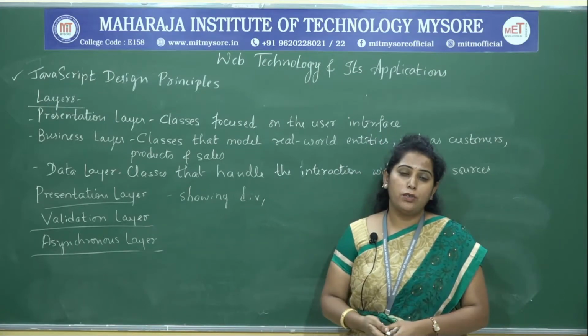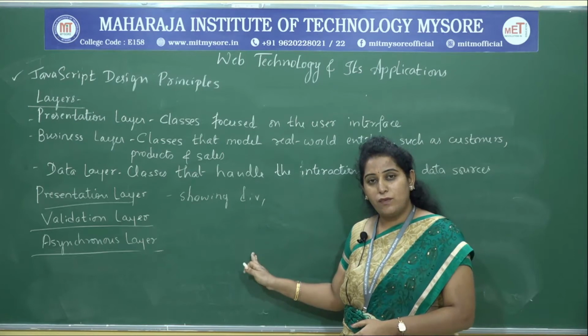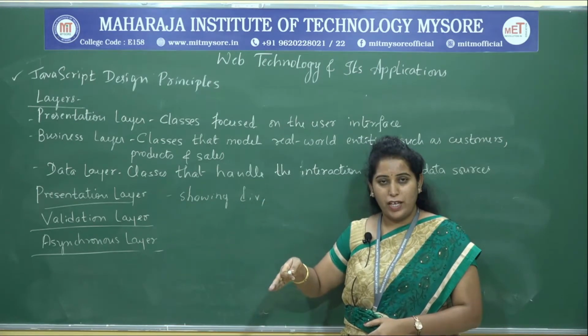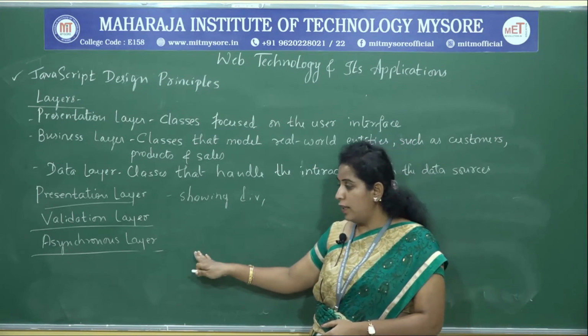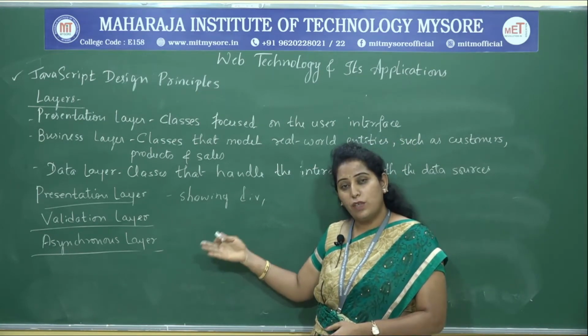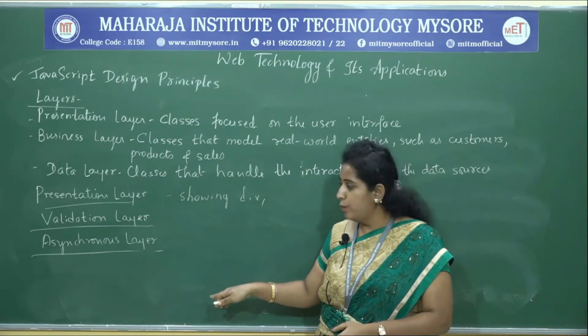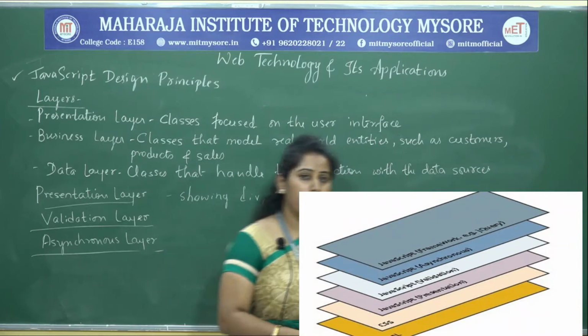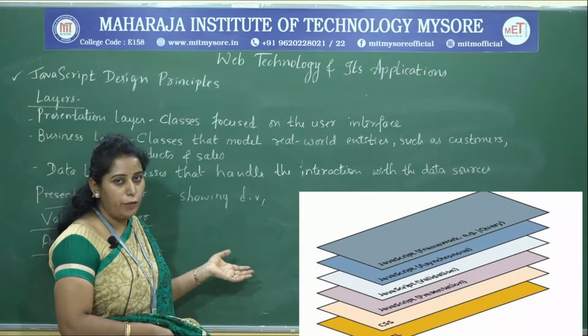How it achieves that is, it can route the request to the server in the background. Okay, so that is the asynchronous layer. So the asynchronous layer, we can say, is an advanced version of the presentation layer and the validation layer. So now you can look into the figure to see how the different layers can be viewed.